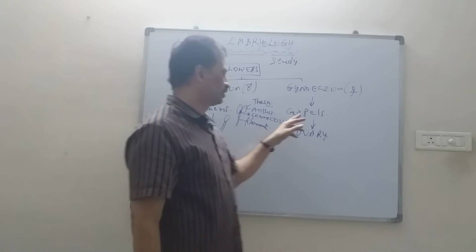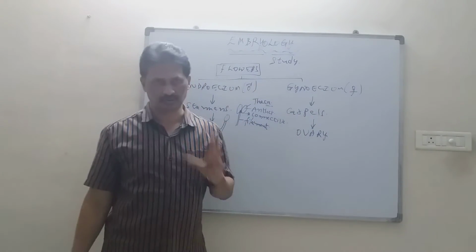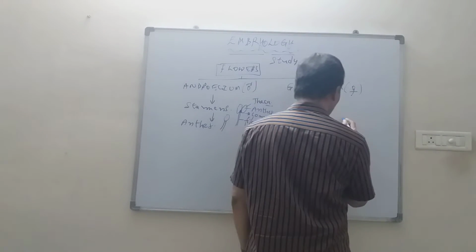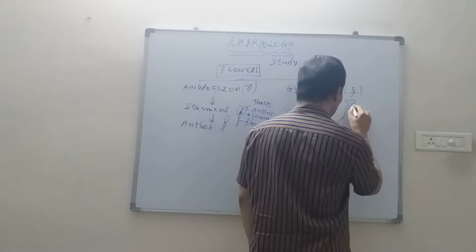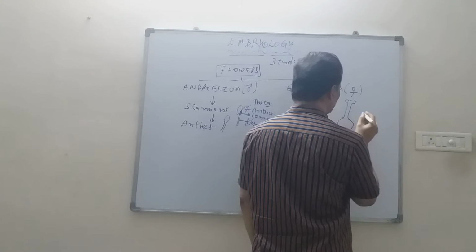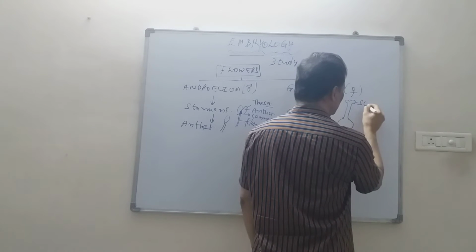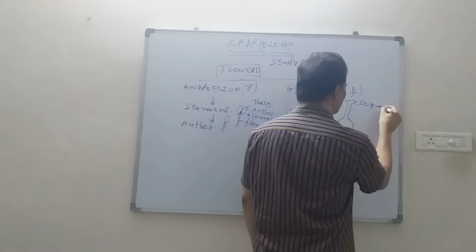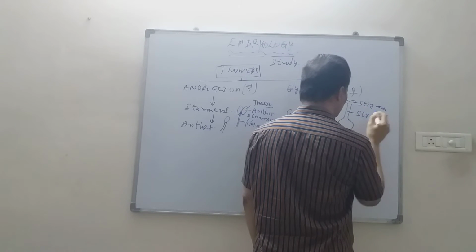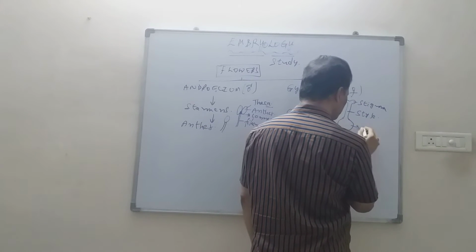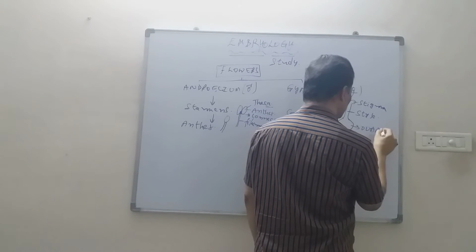In the same way, if you observe the carpel, it appears like this. It consists of a terminal part called the stigma, a stalk-like part called the style, and the basal bulbous part called the ovary.